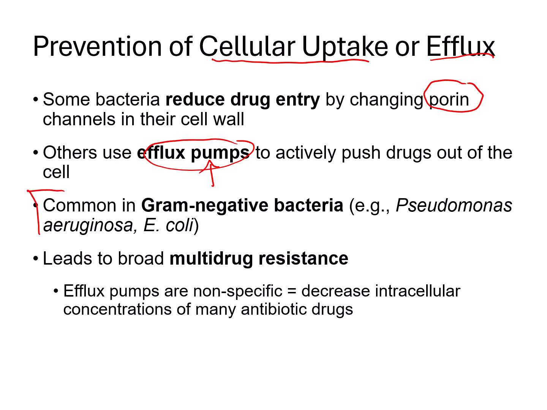This is commonly seen in gram-negative bacteria such as Pseudomonas aeruginosa or E. coli. The reason this can lead to multi-drug resistance is because these, again, efflux pumps are not specific to one particular type of antibiotic. So if you are taking different types of antibiotics, it can decrease the concentration within the cell of a variety of many of those antibiotic drugs.